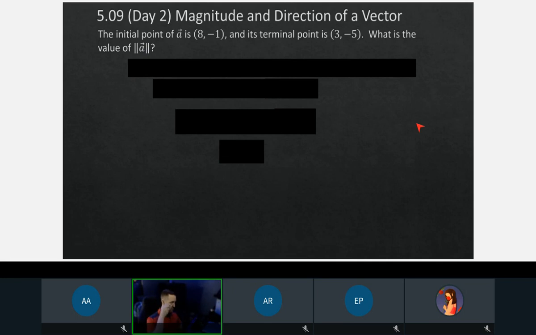Modulus was the absolute value bars. This is not modulus. What do the double absolute value bars mean? Nope.